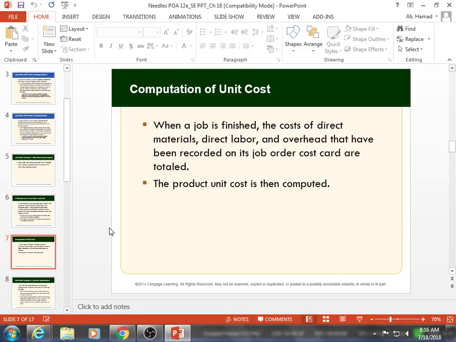Let me move along a little bit. Once you divide the whole product into different jobs, job 101, job 102, job 103, each one has direct material, direct labor, and overhead.